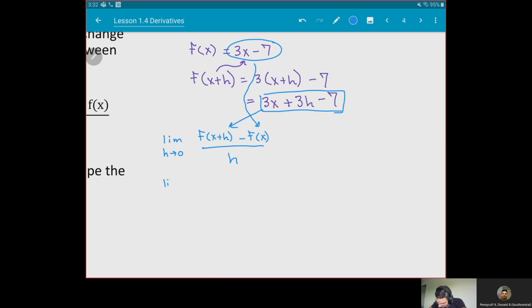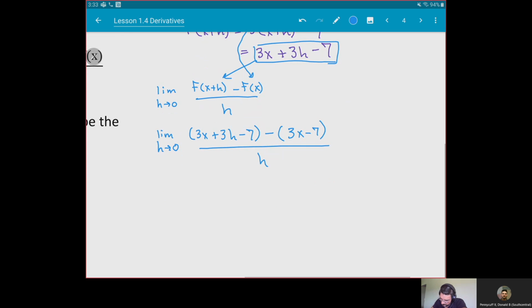And so this gives me the limit as h approaches 0 of 3x plus 3h minus 7 minus 3x minus 7 over h. Okay. Now you want to remember to distribute this.